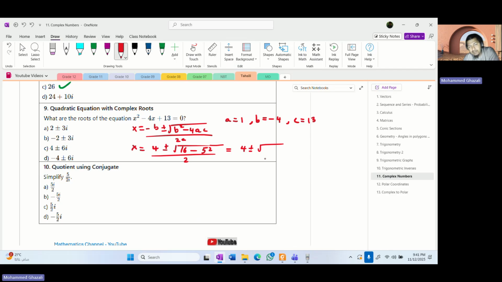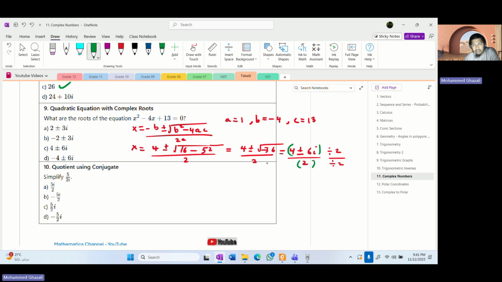I think you get -36, okay? Divided by 2. So 4 plus or minus, remember -36, the square root of 36 is 6, and the square root of negative is i, divided by 2. Now you can divide by 2 on top and divide by 2 at the bottom, because this is a complex number, right?